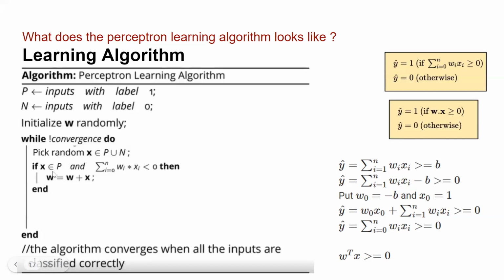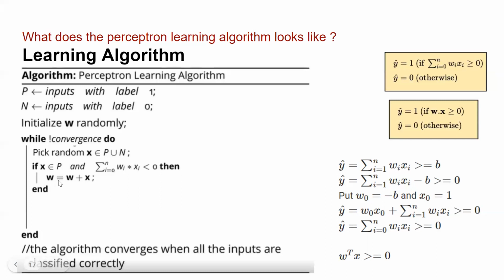The same thing will happen for the negative case. Suppose you pick a random point and the actual target label of that point was 0, but your model predicted it should be classified as 1, right? In that case, what is your misclassification? -1.